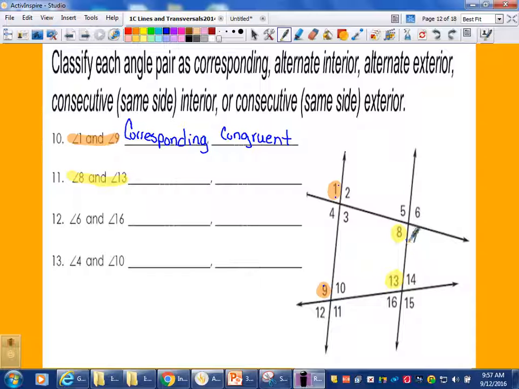Then I ask, are they both inside the lines or both outside the lines? They are inside, so these would be consecutive interior angles. Now, remembering my saying again, everything is congruent except for consecutive and linear. These are consecutive, so these must be supplementary.